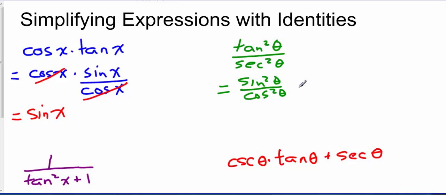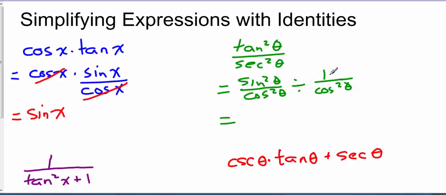And actually, I'm going to write it this way. Secant we know is 1 over cos. And so secant squared is 1 over cos squared. I'm writing it this way to avoid having a stacked set of fractions, or rationals inside of rationals. And because, of course, it allows me to simplify a little bit further here.